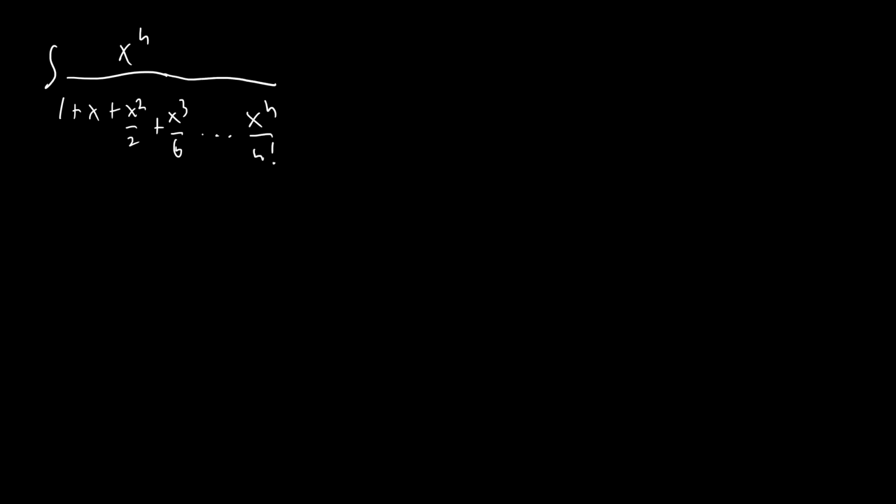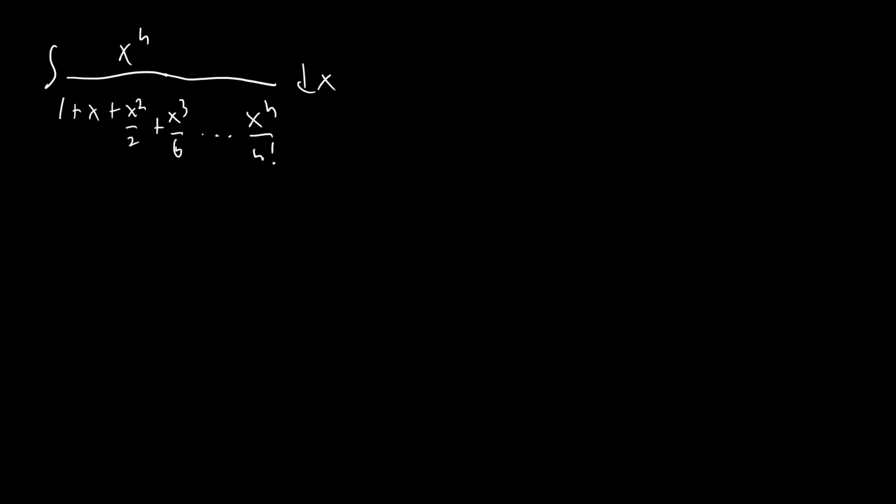All right. Oh, this one's a fun one. We have integral of x to the n over 1 plus x squared over 2 plus x cubed over 6 all the way to x to the n over n factorial dx. So this is a bit of an interesting problem.